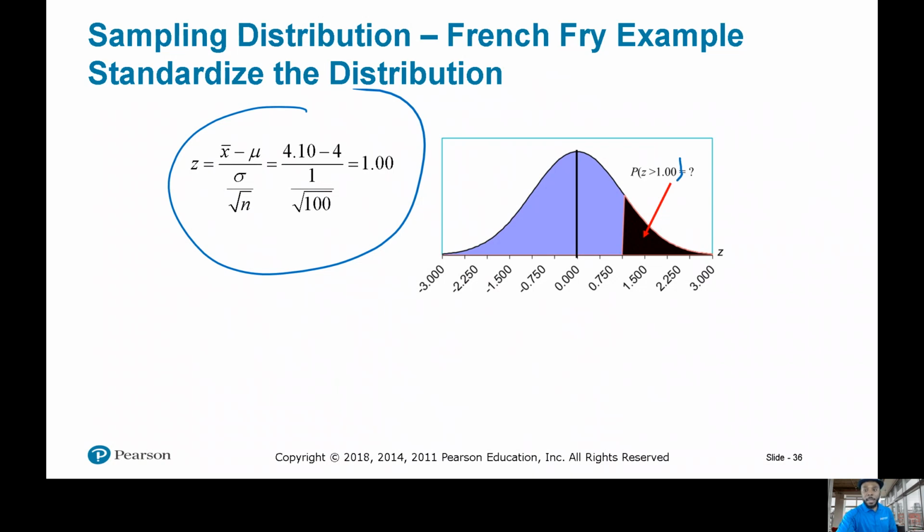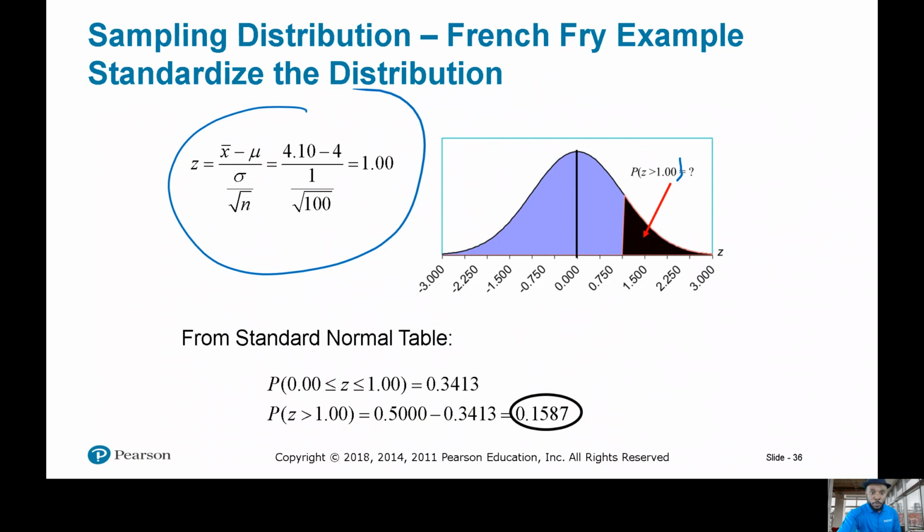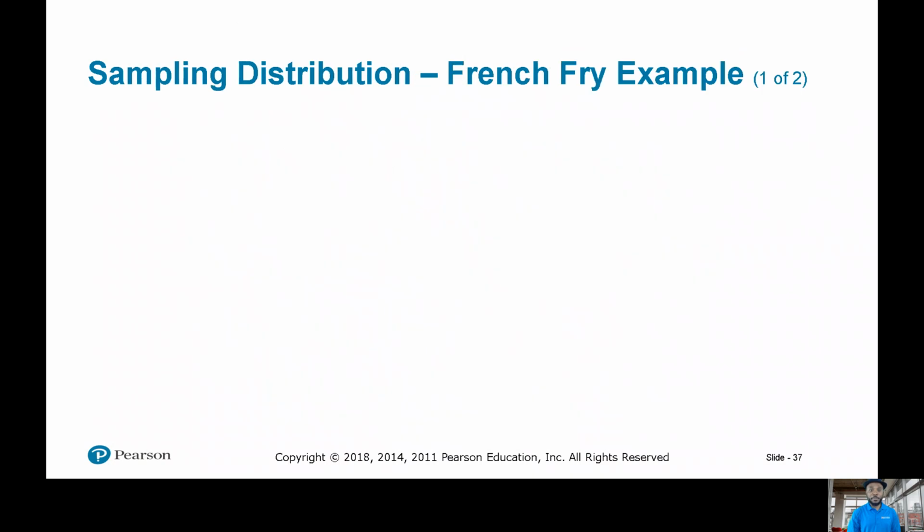Now you can use your table to find that. If you use your table, you'll find out that this area is 0.3413. And when you subtract from 0.5, that gives us this area. Cool, right? Okay. Since that is clear, let's move further.